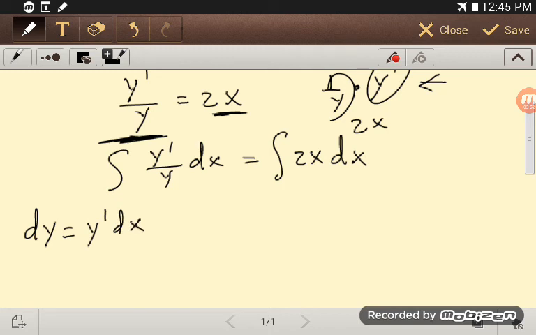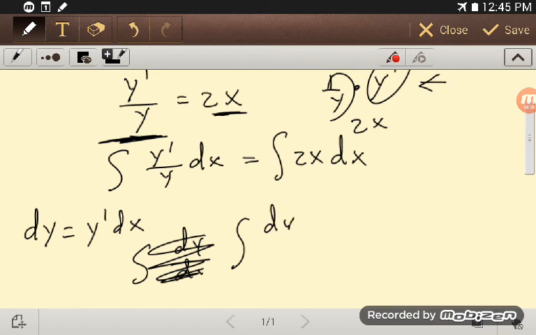And that's exactly what we have up here. So this left-hand side we can write as dy over y. Sorry, try that again. We can write it as dy over y. And the right-hand side is still the antiderivative 2x dx.